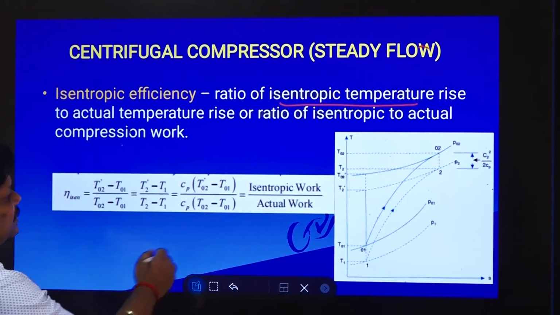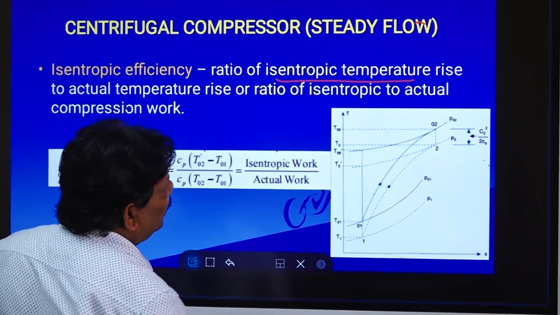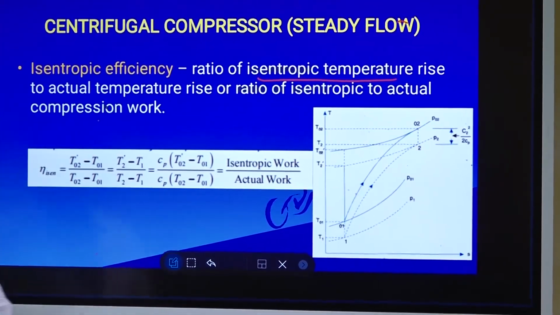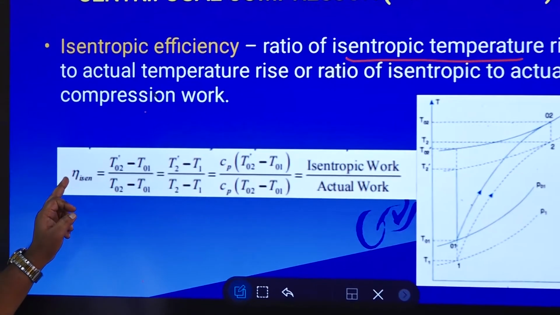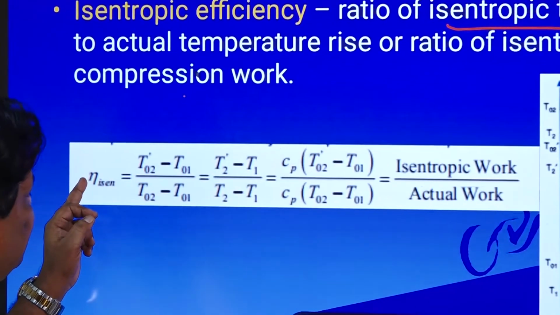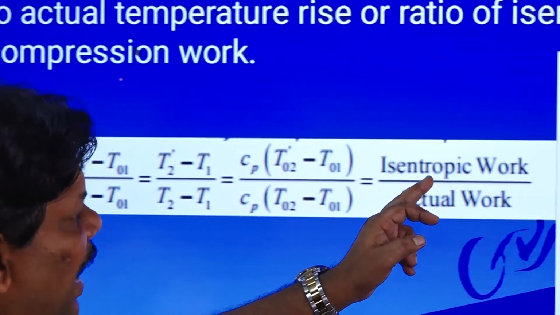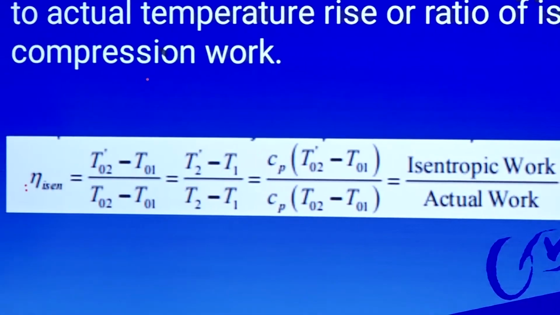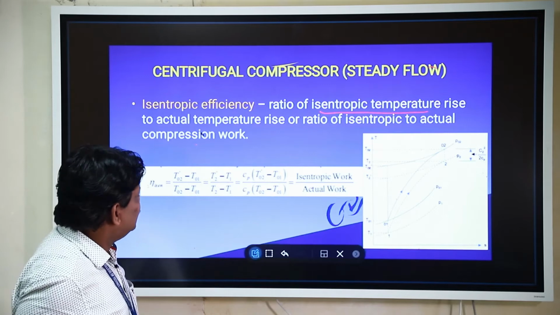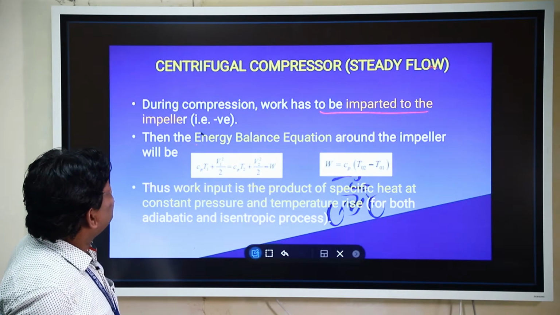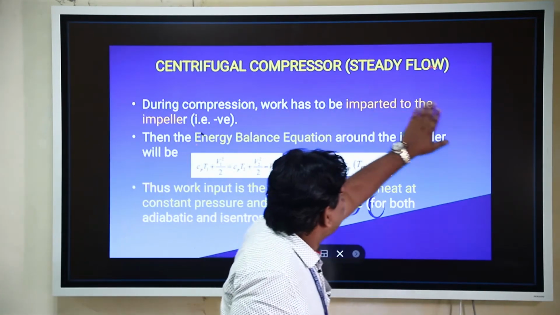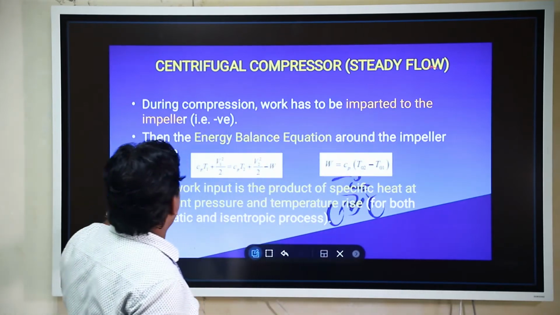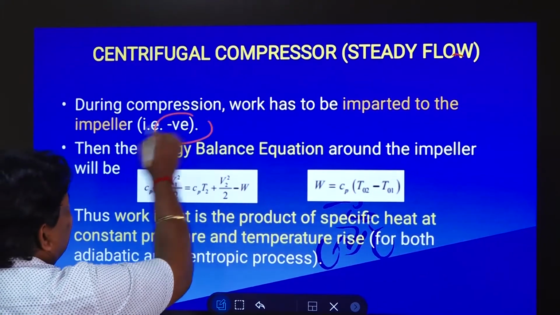You can see this is the formula and this is the diagram which represents the centrifugal compressor, and this is the isentropic efficiency. It is equal to isentropic work by actual work, given by (T2 dash minus T1) by (T2 minus T1). During the compression, the work has to be imparted to the impeller, so it is negative.